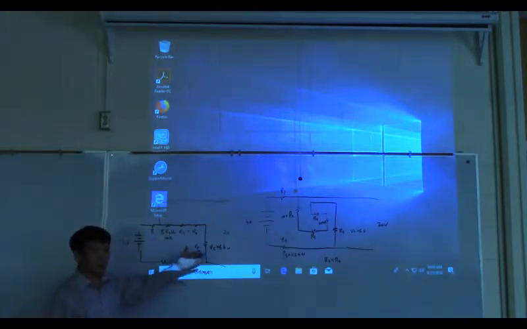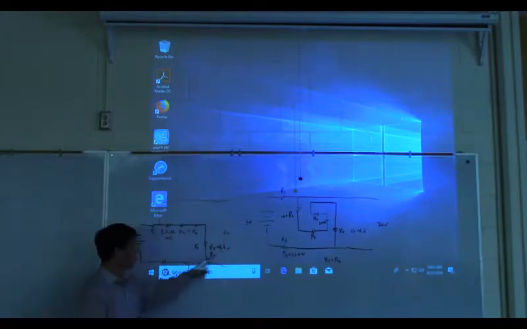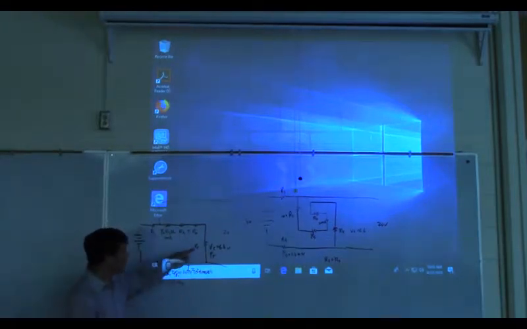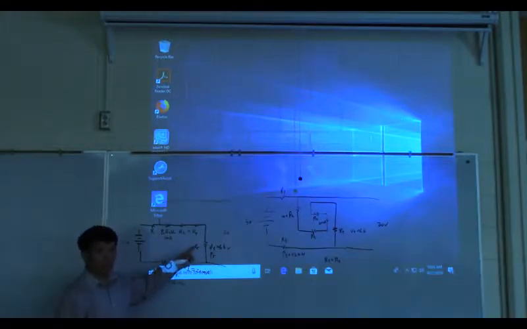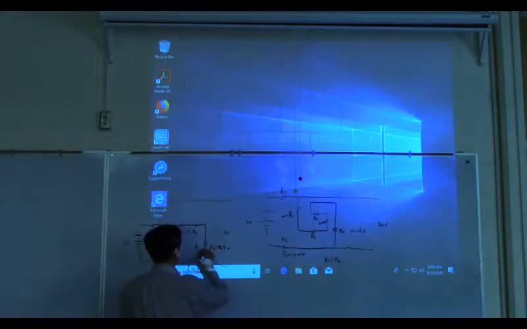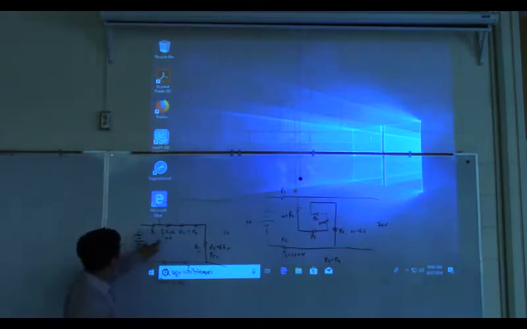Oh, okay. So we can find the power, P5, which equals this voltage times this current. How about this one, R5? The voltage equals the current times R. So from here we can also find this. We find everything here. So this one is gone, this one is gone, and this one is gone.